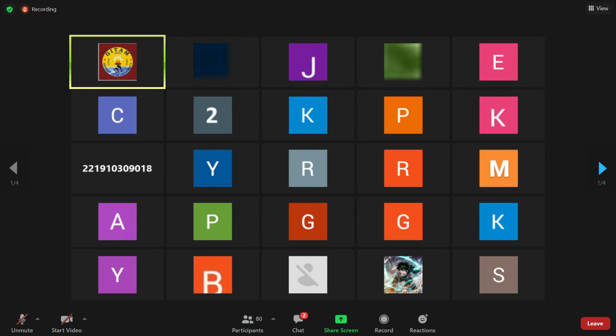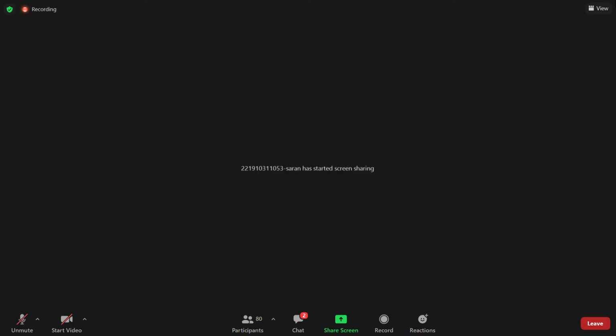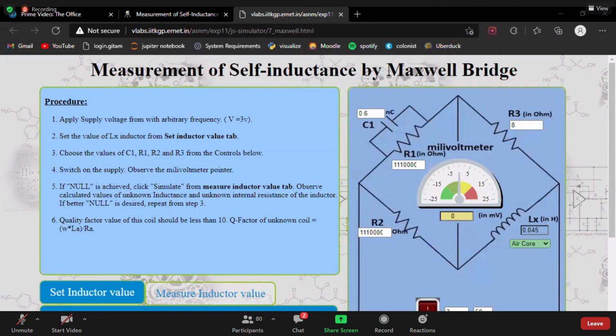Yes, Sharon, you can share your screen. Sir, I got 0.00873. Yeah, no need to show your voltmeter reading. You can verify with the measure inductor value.